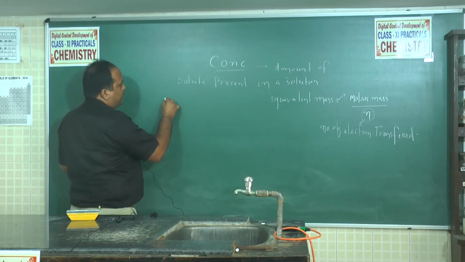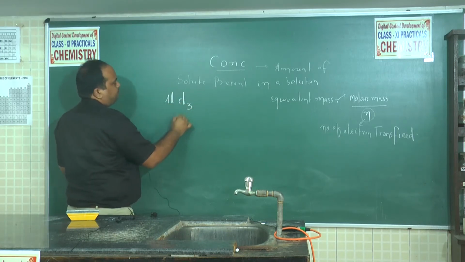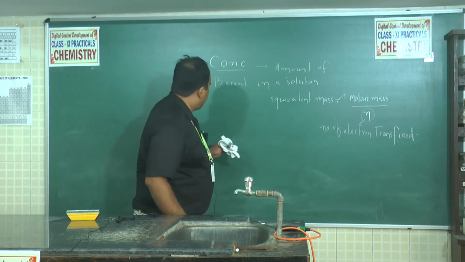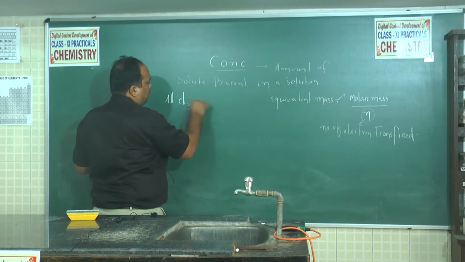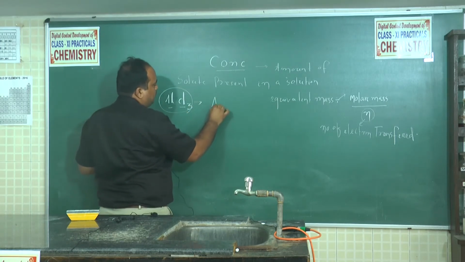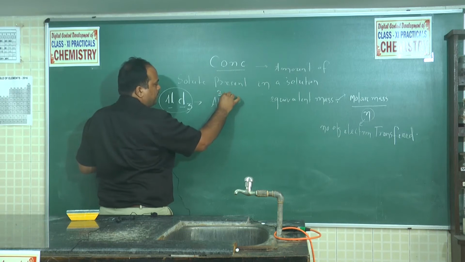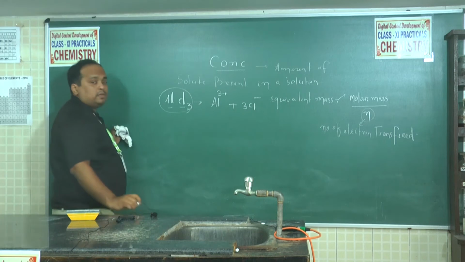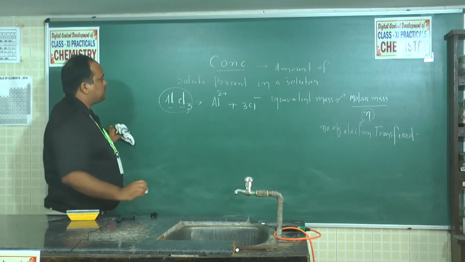So let me write aluminium chloride. How to find the equivalent mass of aluminium chloride? Aluminium chloride is a molecule. When it breaks down, it gives a cation as well as an anion: Al 3 plus and 3Cl minus.